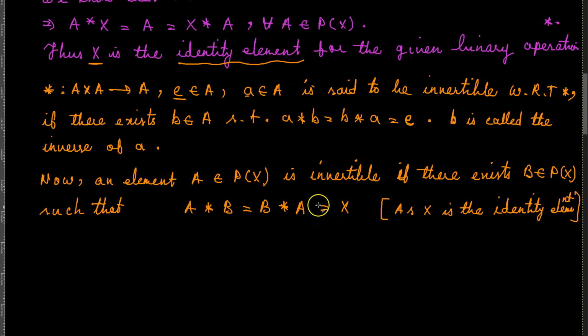So a star b is equal to b star a is equal to X. An element a belonging to P of X is invertible if there exists b belonging to P of X such that a star b is equal to b star a is equal to X. Or you can say basically, based on the rule that we have here, a intersection b is equal to b intersection a is equal to X.